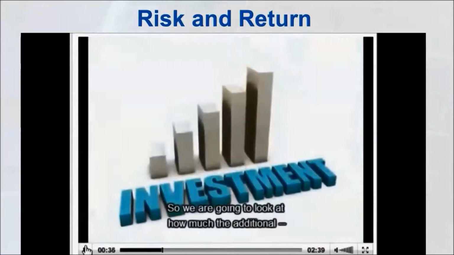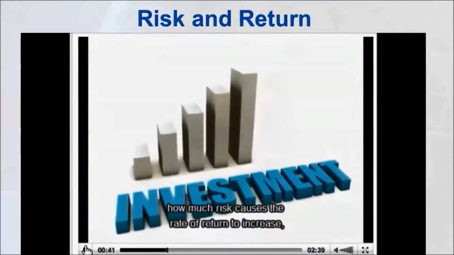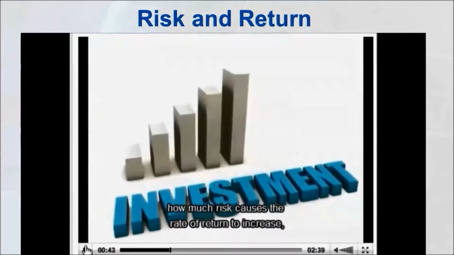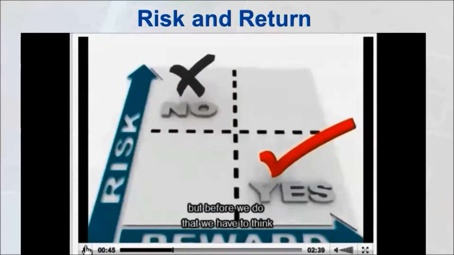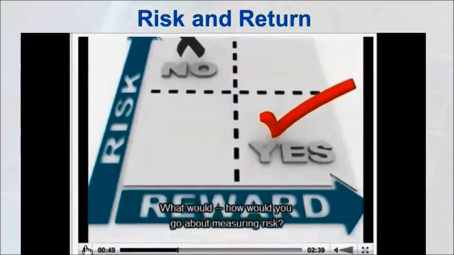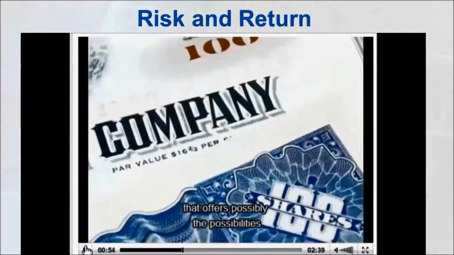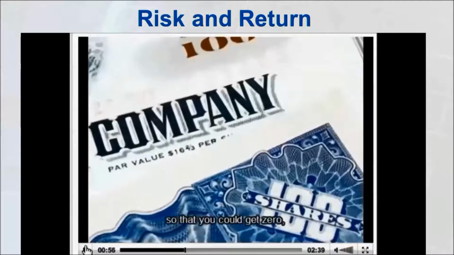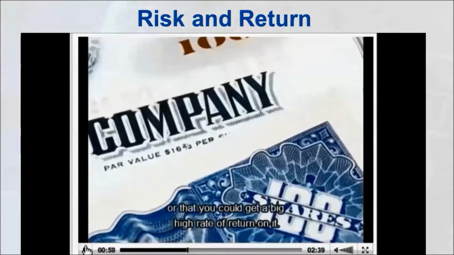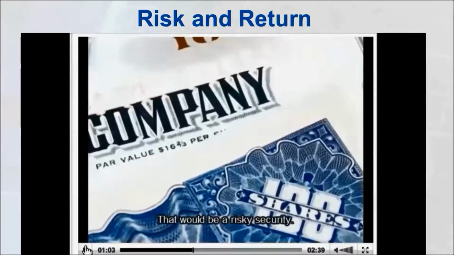So we are going to look at how much additional risk causes the rate of return to increase. But before we do that, we have to think about how you measure risk. Well, if you think about a security that offers the possibilities that you could get zero or that you could get a very high rate of return on it, you have a wide range of possibilities, that would be a risky security.